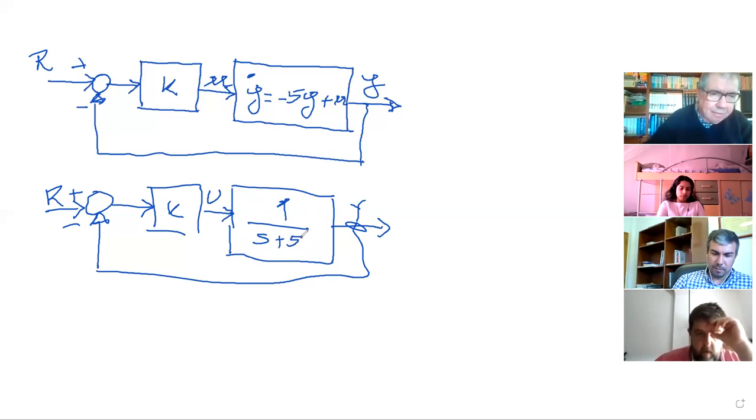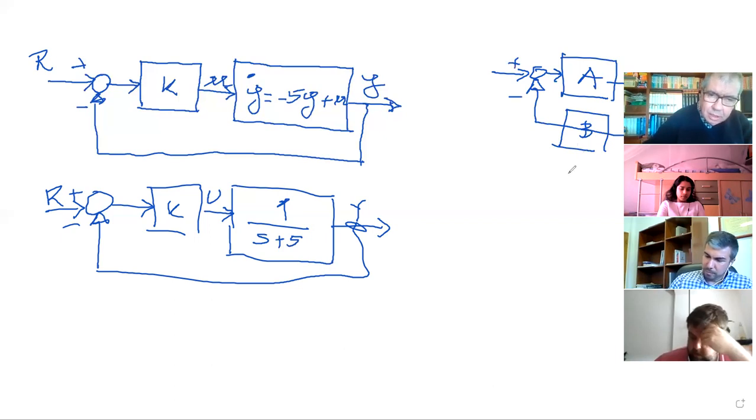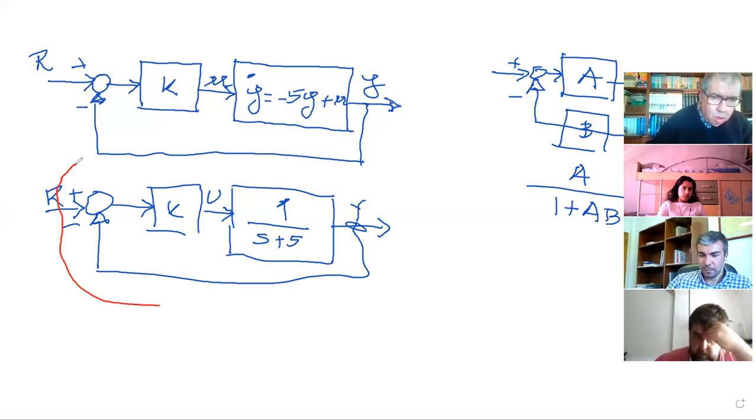Now, you remember that story when we have A, and then I do a negative feedback and I put here a B, minus plus, and this is equivalent to A divided by 1 plus AB. So all this, from here to Y, is equivalent to what?